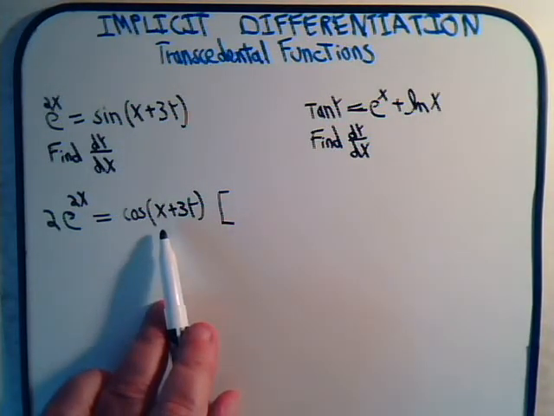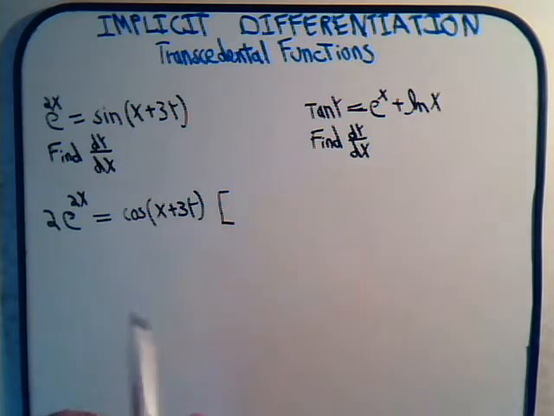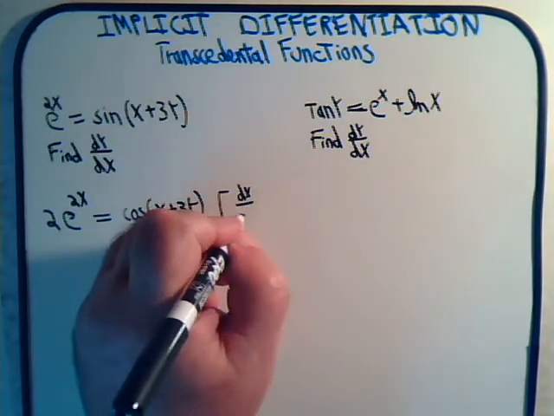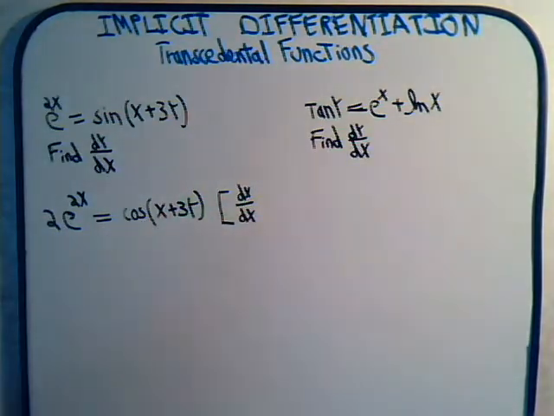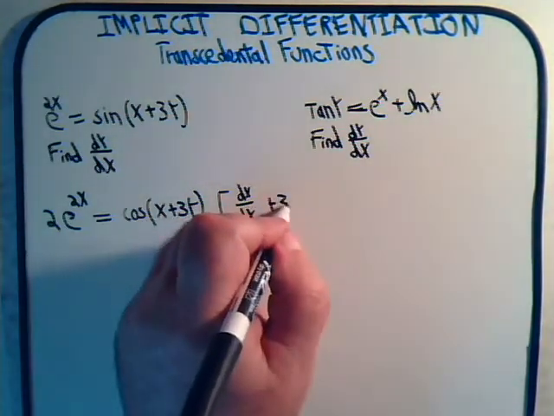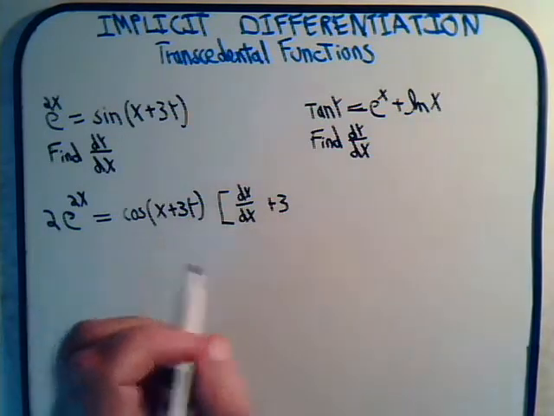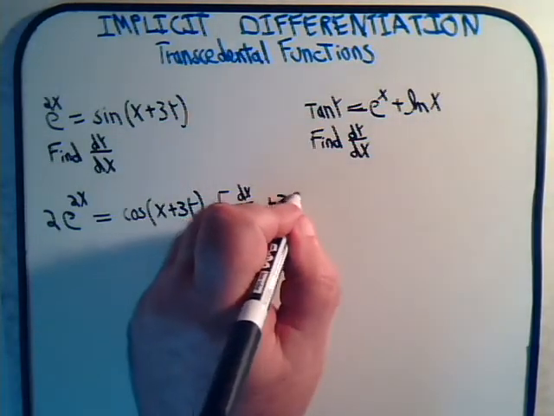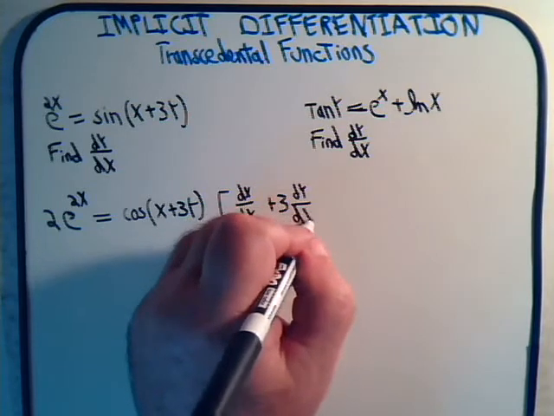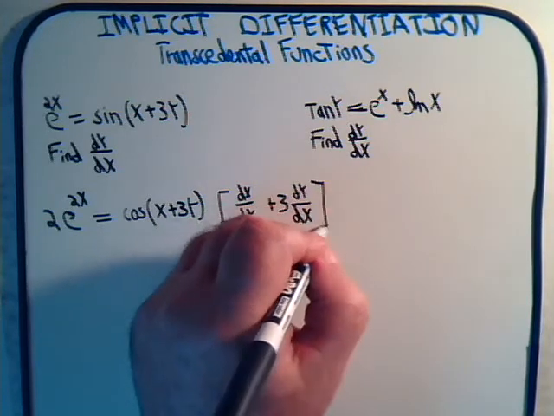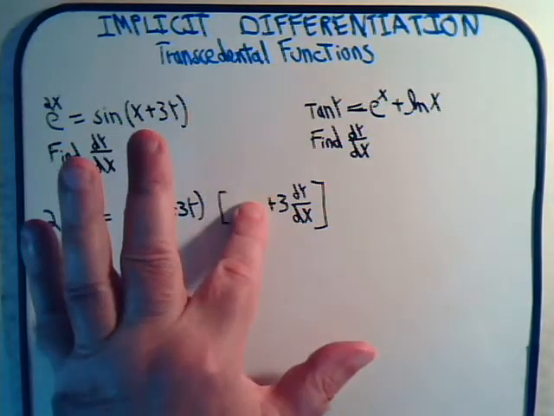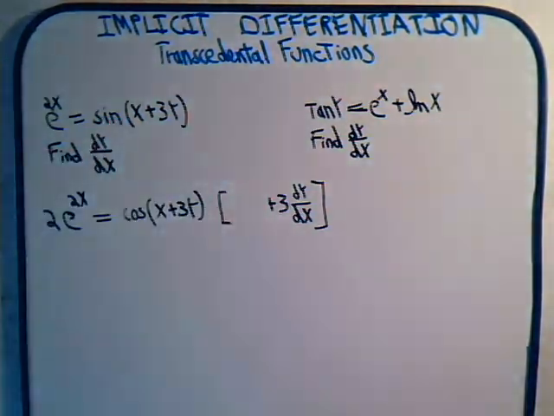Okay, the derivative of x with respect to x, it's dx/dx, plus 3 times dy/dx. And of course, dx/dx, that's just 1, so let's write it like that.